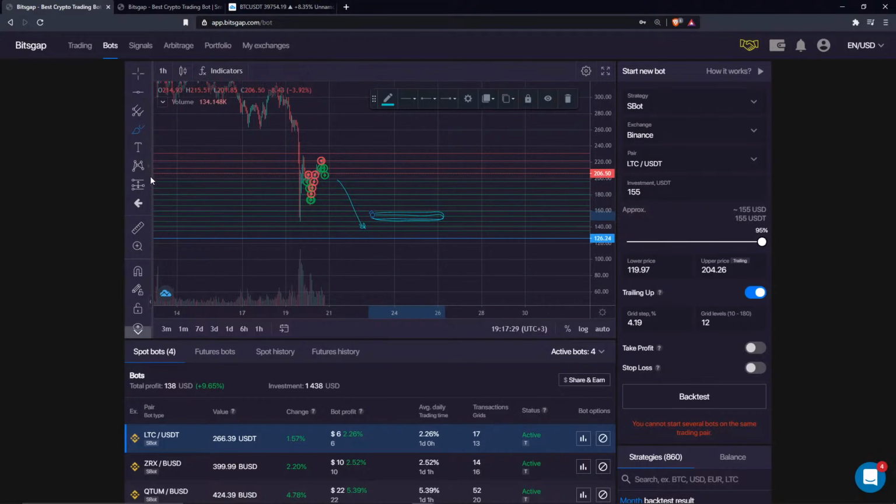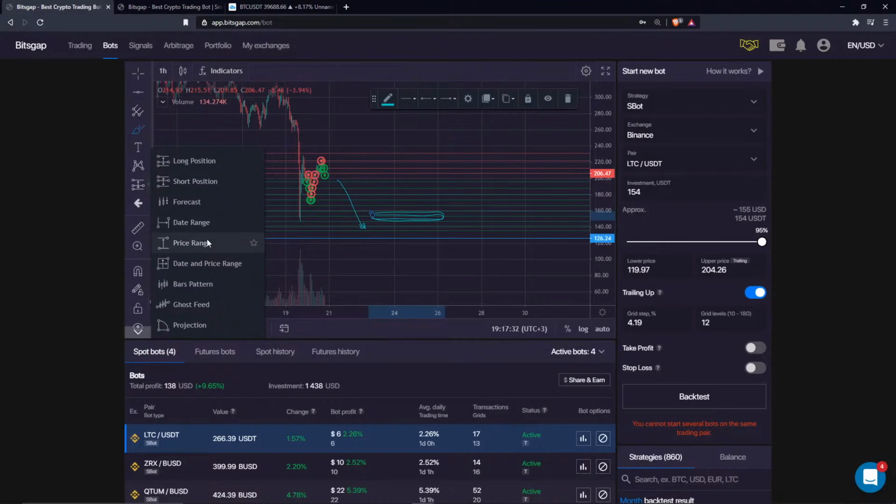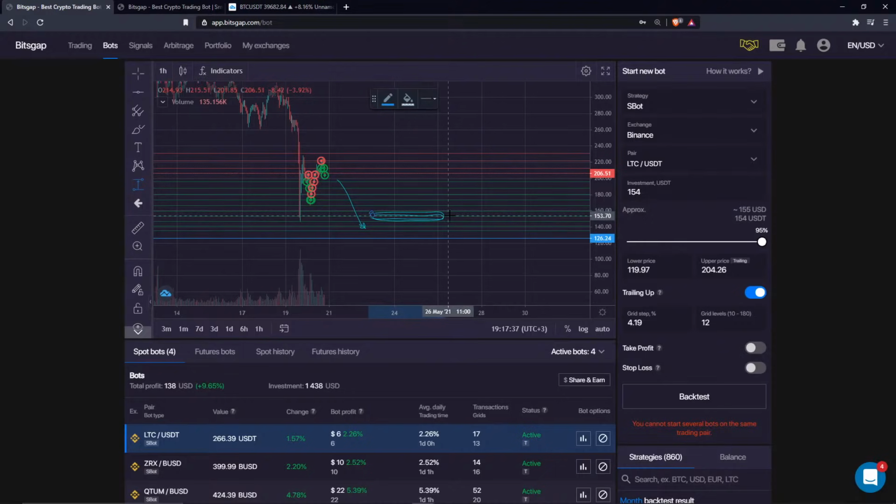Okay, and now let's estimate in that case the price range from this average entry price to the stop loss. That's exactly 17%. So you see, in the smart trade mode it was around 30%, but thanks to the bot with its dollar cost averaging effect, it gives me a better entry price, and that means that I'm now closer to my stop loss, and my risk is reduced by almost half.